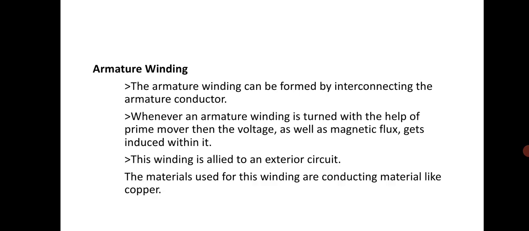Interconnecting means each and every one is connected. Whenever the armature winding is turned with the help of a prime mover, the voltage as well as magnetic flux gets induced within it. This winding is connected to an exterior circuit. What are the materials used for this armature winding? Maybe copper.